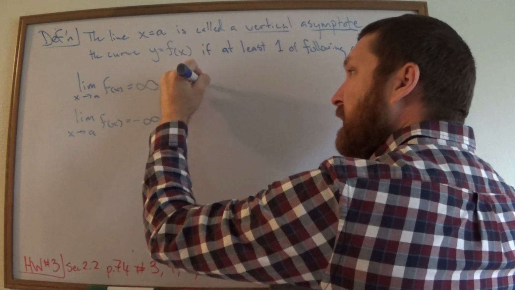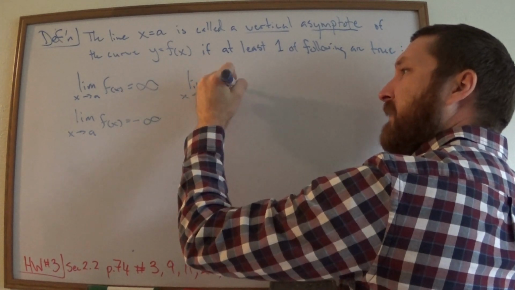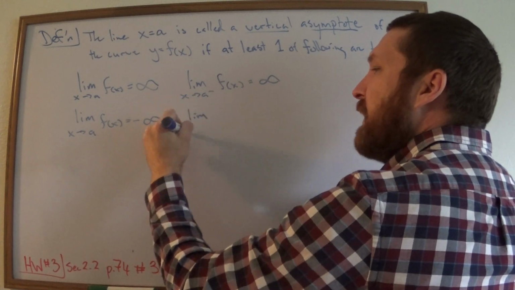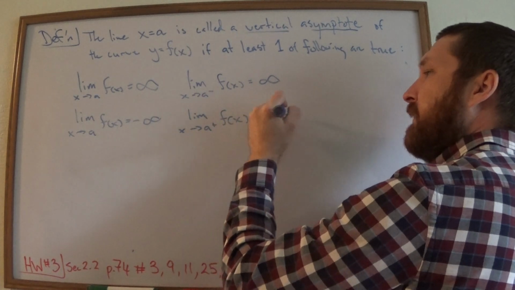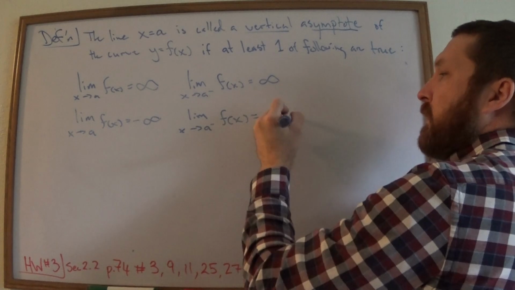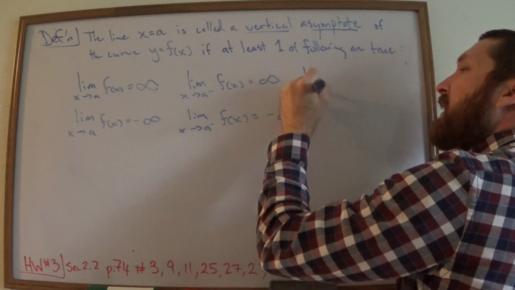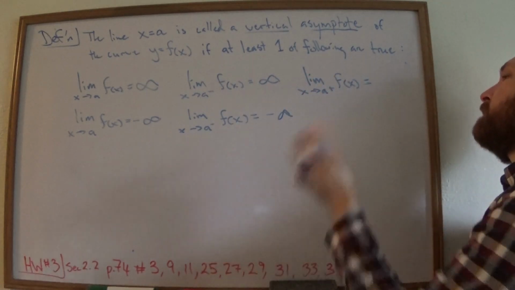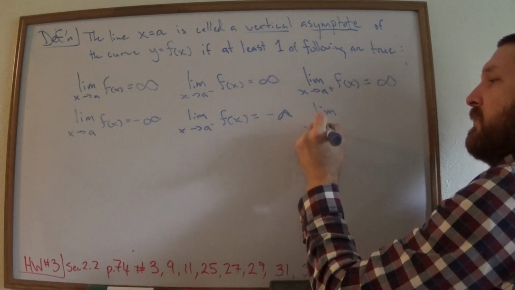Or the limit as x goes to a from the left of f of x equals infinity. Also from the left goes to negative infinity. Or the limit as x goes to a from the right of f of x equals infinity.